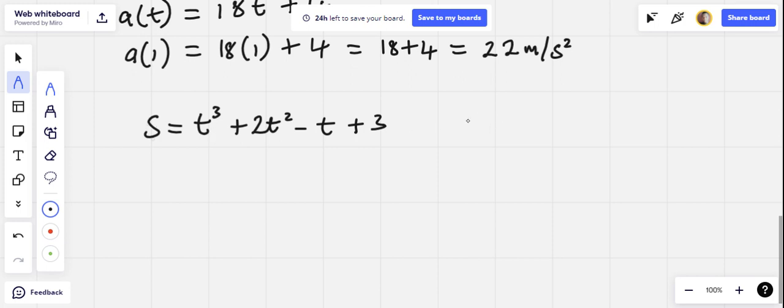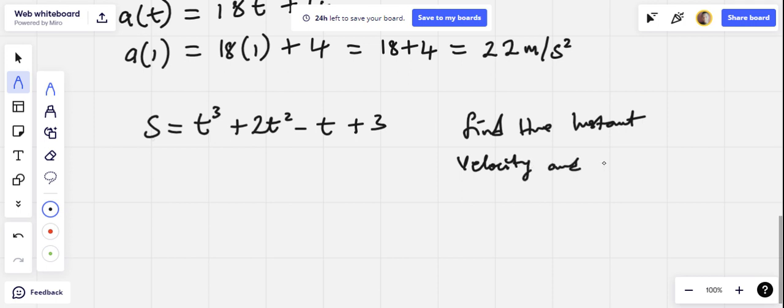Then I'll ask you: find the instantaneous velocity and acceleration at time t equals 1 second.